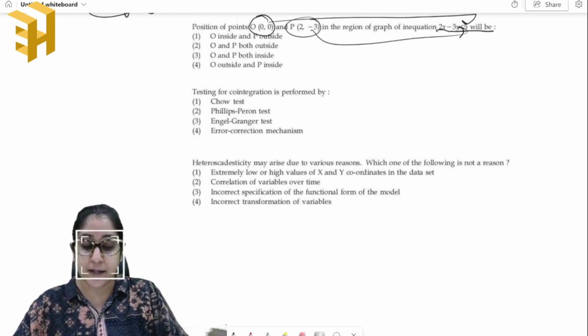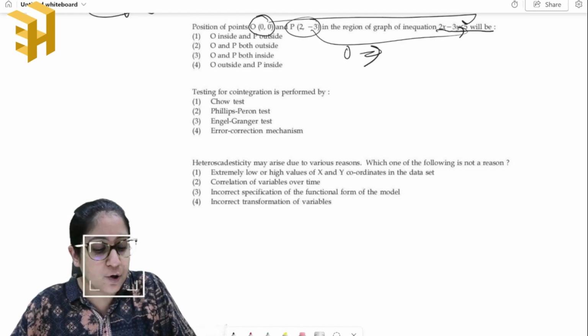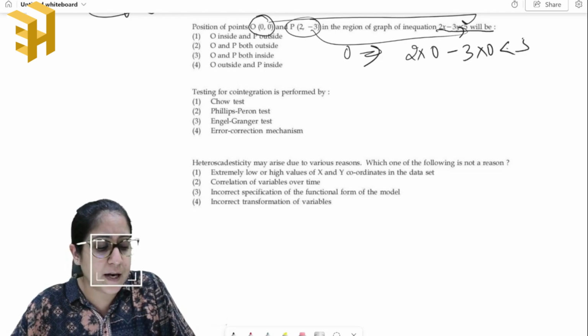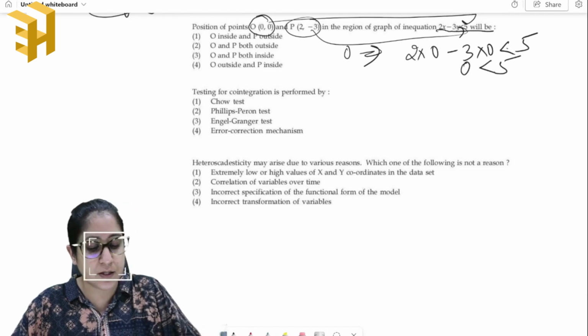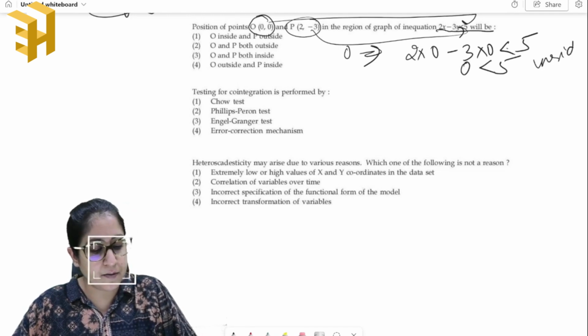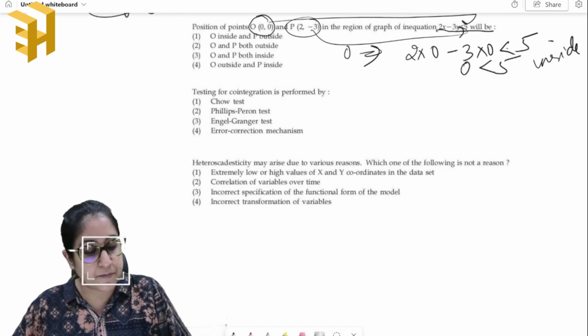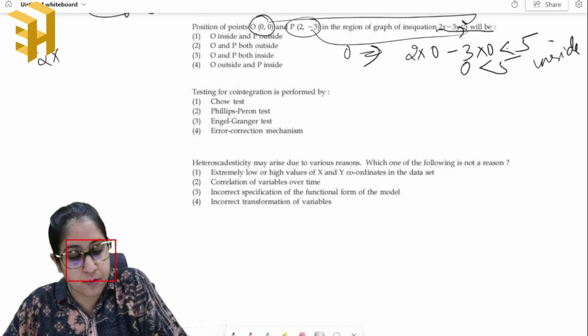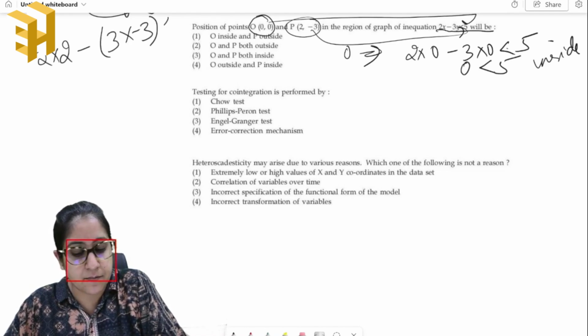While substituting, for the origin point, 2 into 0 minus 3 into 0 is less than 5. So 0 is less than 5. This is inside. This is fine. Then for (2, -3), let's substitute 2 into 2 minus 3 into minus 3, less than 5.